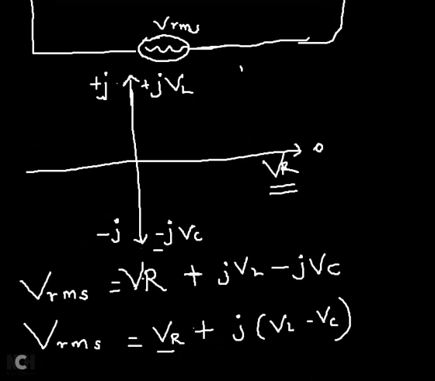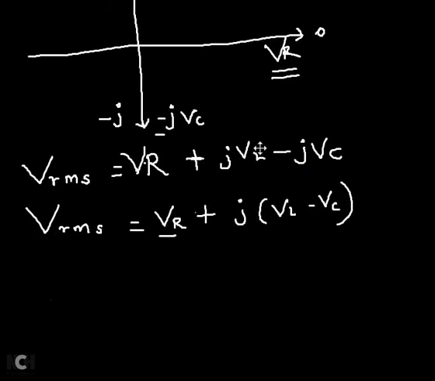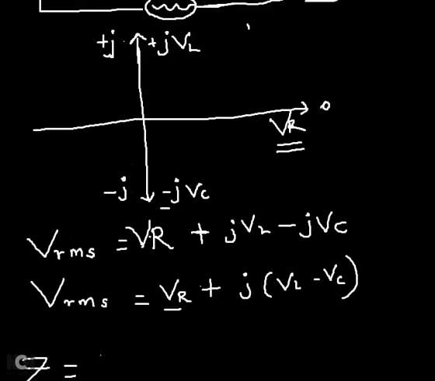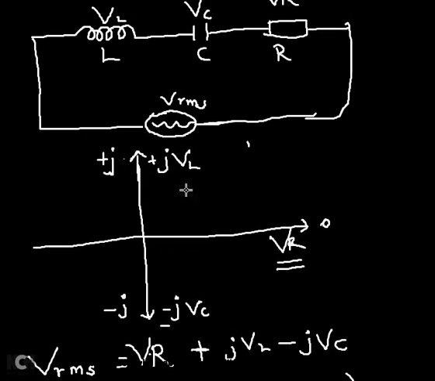I can also use it to express the impedance. Of course, for the impedance, we deal with the same diagram. Okay, it works for the impedance. For the impedance now, all I just need to do is to replace the VL with XL. You know that already.